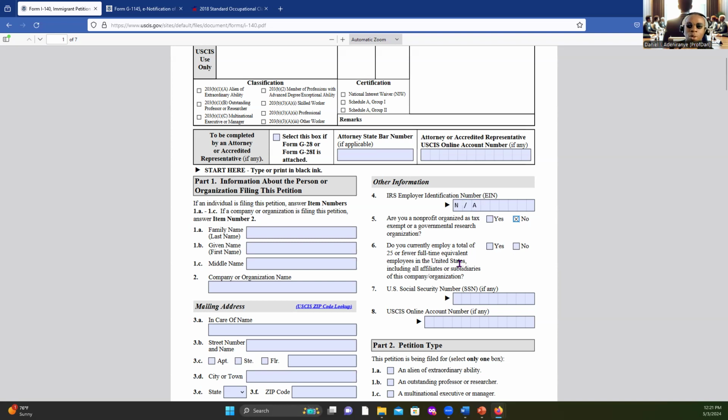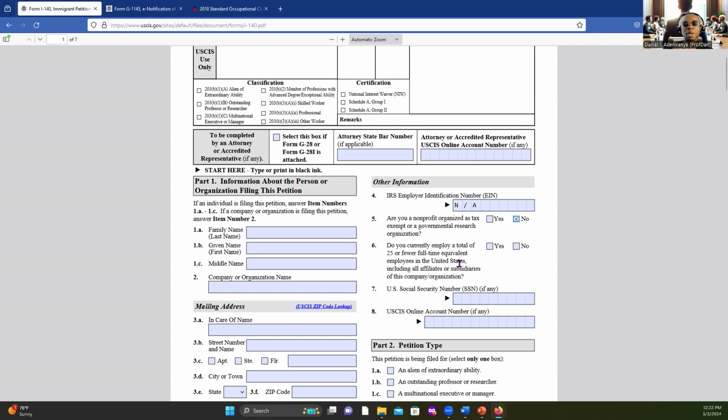For employers that are filing for their employee under the EB2 category, if they employ 25 or fewer, then they can select this. For a self-petitioner, you would say, perhaps you do not employ anyone, that's why you're a self-petitioner, so the correct answer to this is no.